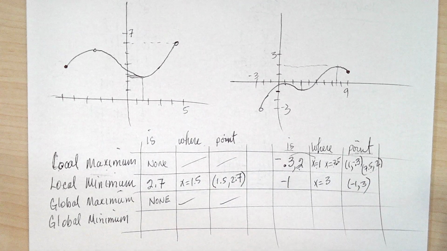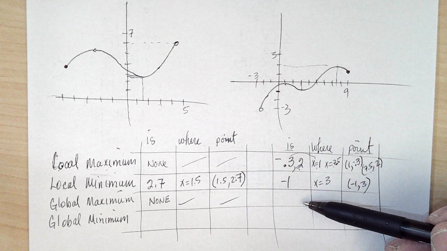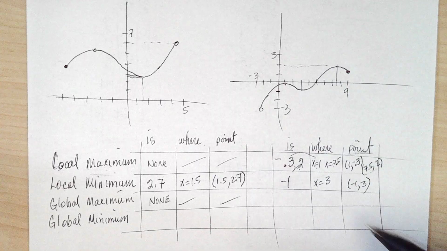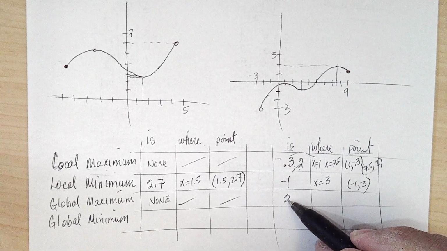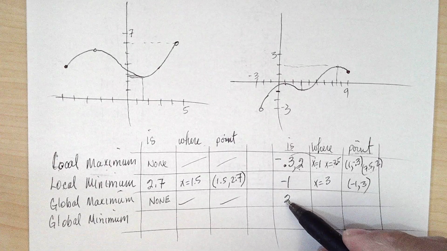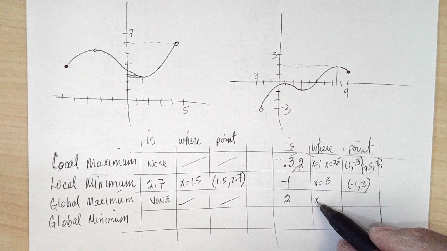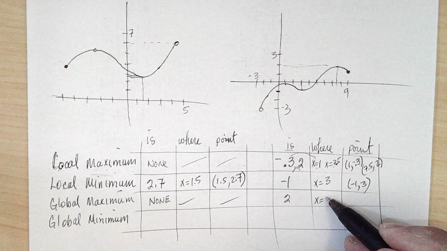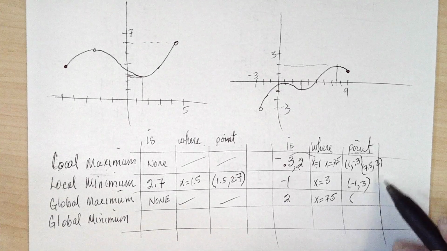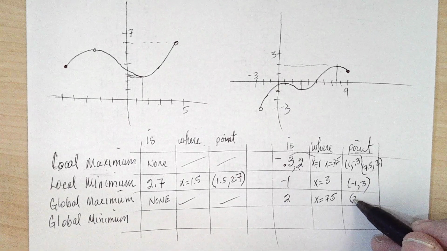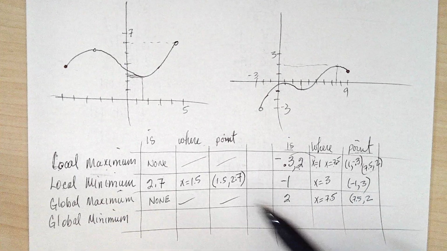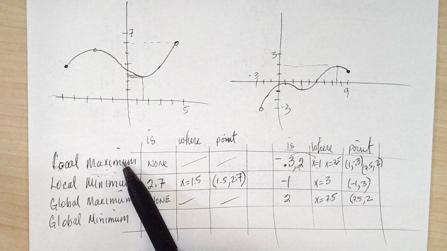So how about on this one? Yes, there is a highest place, and that happens to be 2. It was also a local max, but it happens to be also a global max. It happens at x equals 7.5, and it happens at the point of 7.5, 2. So a global max can also be a local max.